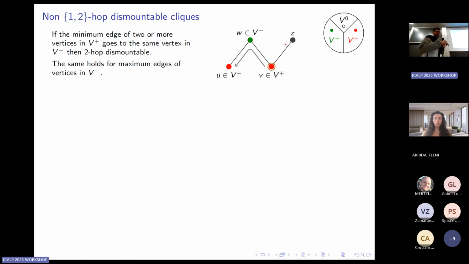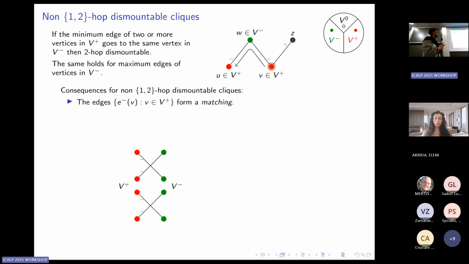Well, because one of the two can go through both edges, so it arrives at the other point using the minimum edge of that point. And by definition, in the picture, V receives the maximum edge of someone else because it belongs to V plus.